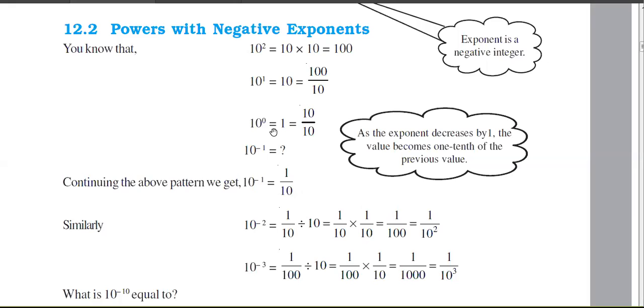When we reduce the exponent by 1 each time, first it was 2, then 1, then 0, then minus 1.